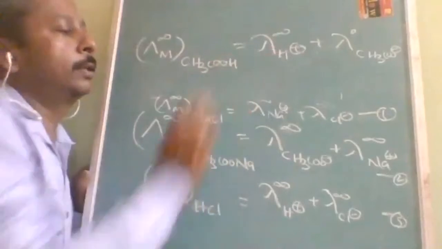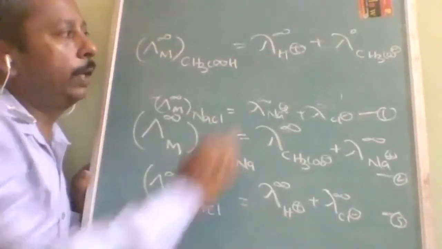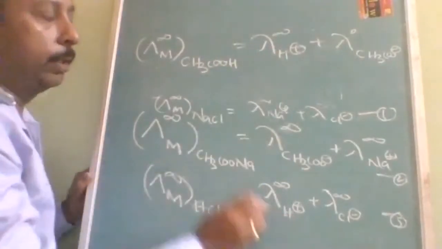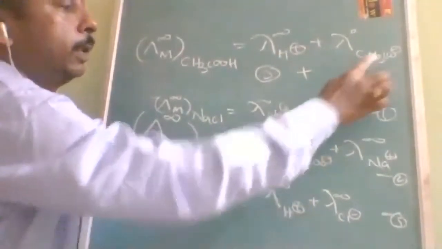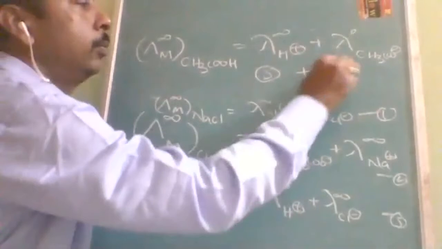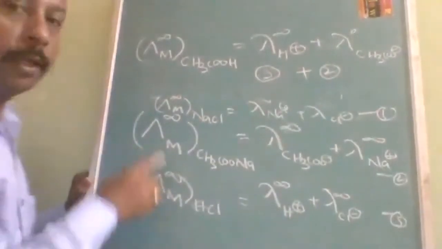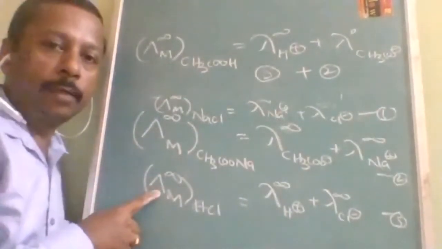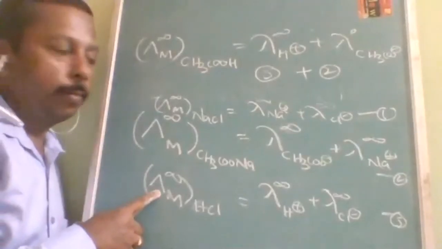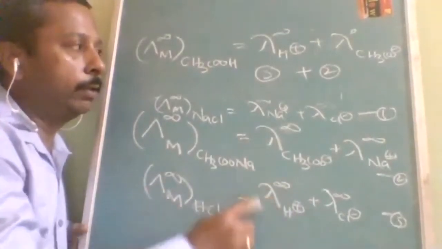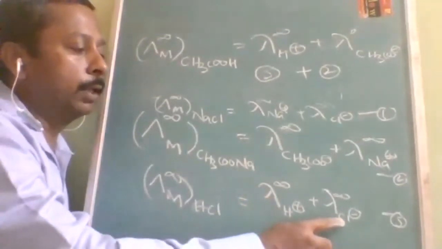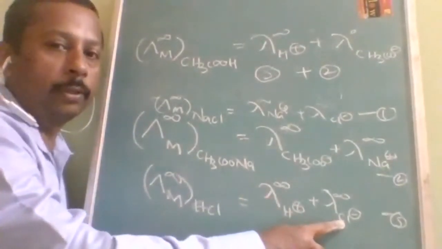So for this, I will get the H positive value from equation 3. Plus this, where will I get it from? Equation 2. This value we can find experimentally or with the graph. But when I take this for H plus, I am compelled to use Cl minus also.